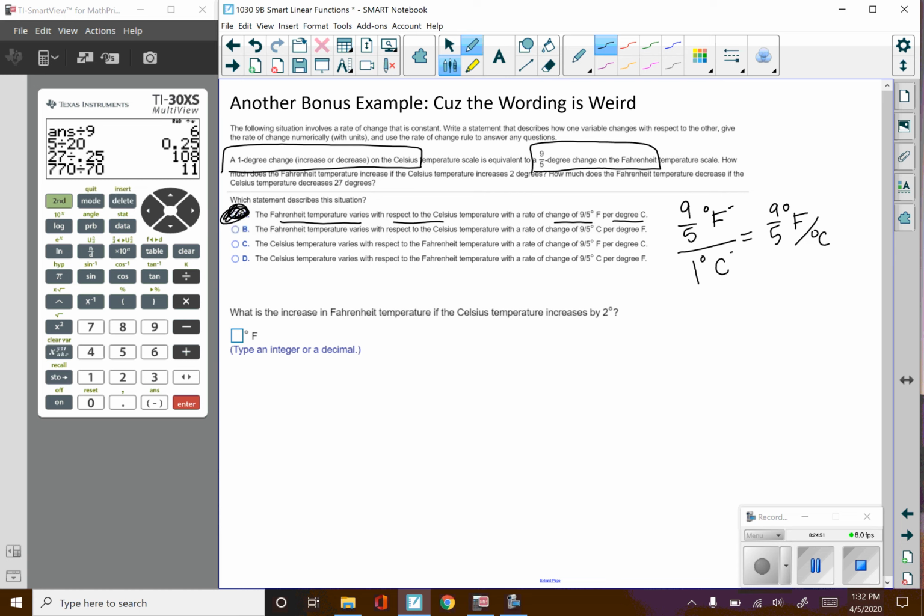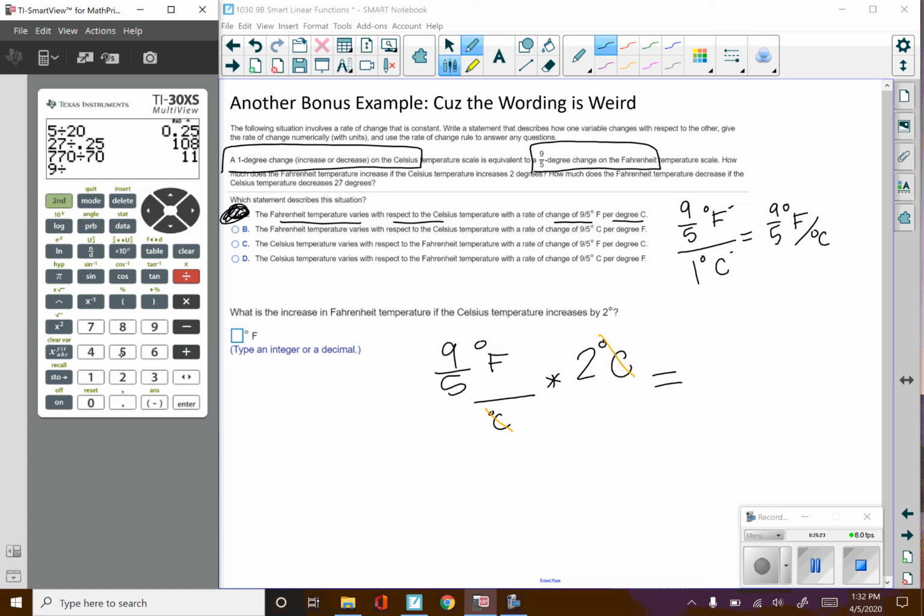And then our follow-up question, I'm just going to do the first, but I think you'll have two on your homework question. So it says, what is the increase in Fahrenheit temperature if the Celsius increase is 2 degrees? So our rate of change is 9/5 of a Fahrenheit degree per degree Celsius, and we just multiply that by the 2 degrees Celsius that it gives us, and the units degrees Celsius cancels out, which gives us our degree Fahrenheit answer.